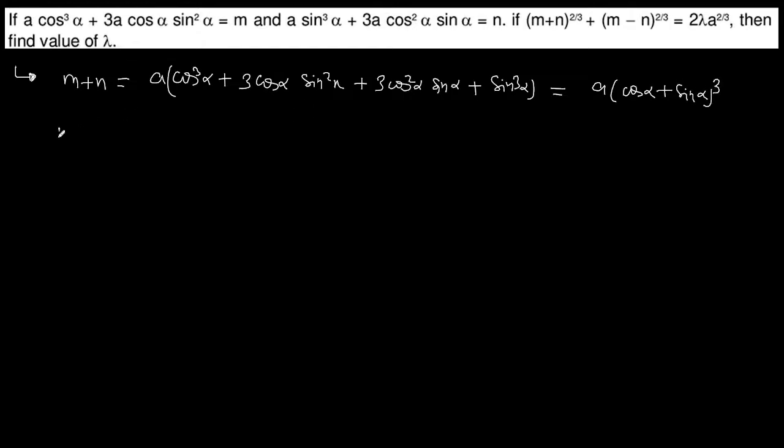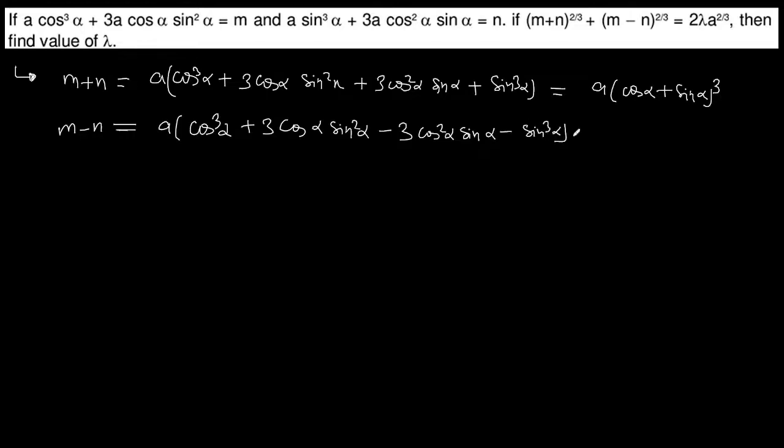Okay. Now we have m minus n. So we have a cos cube alpha plus 3 cos alpha sin square alpha minus 3 cos square alpha sin alpha minus sin cube alpha. Can we say this as a (cos alpha minus sin alpha) whole cube?